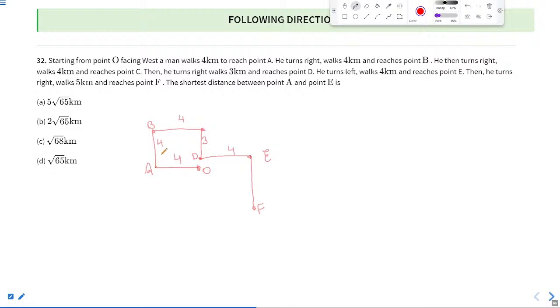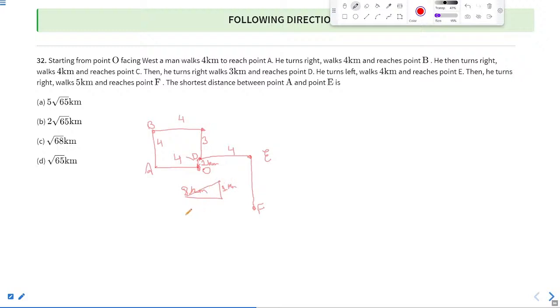Okay, so there's a height difference of 1 kilometer, and a length distance of 4 km and 4 km, 8 kilometers. So 8 kilometers one side, 1 kilometer the other side.